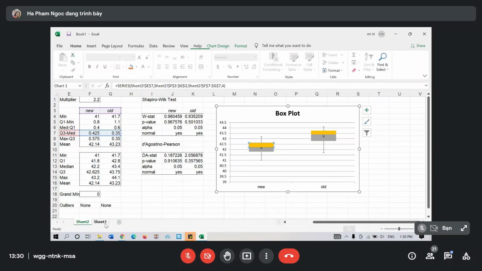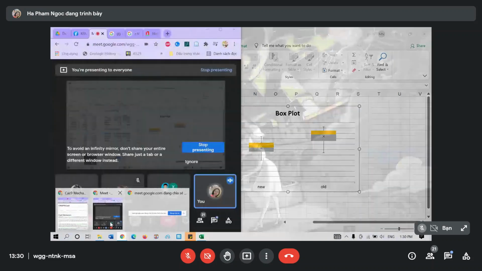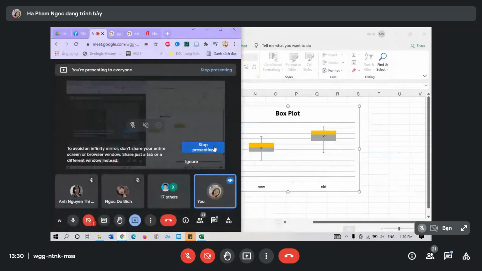After I conclude that my data sets follow the normal distribution, I will use the parametric test, and then I will set the hypothesis.